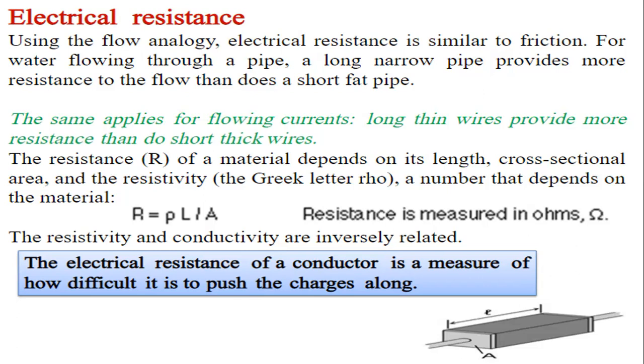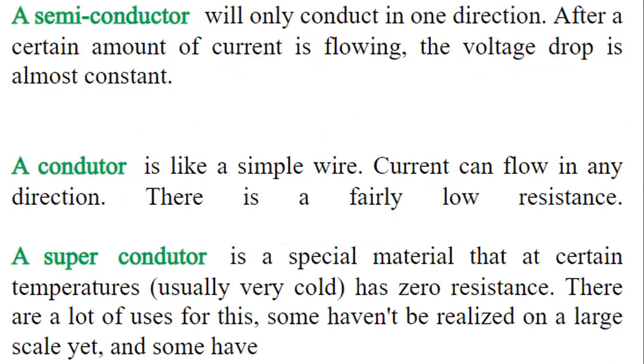The electrical resistance of the conductor makes it very hard to push the flow of charges inside the conductor. As you know, there is a basic difference. We start today's topic with the semiconductor. You are aware that a semiconductor will conduct only in a particular direction, right?